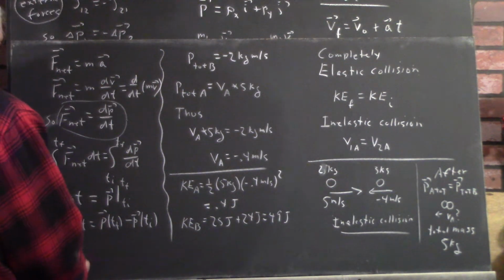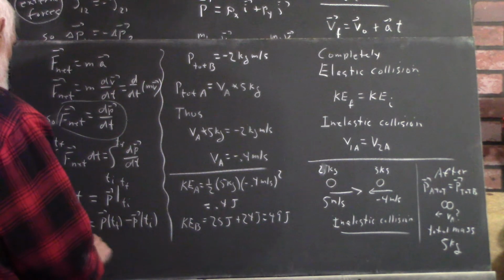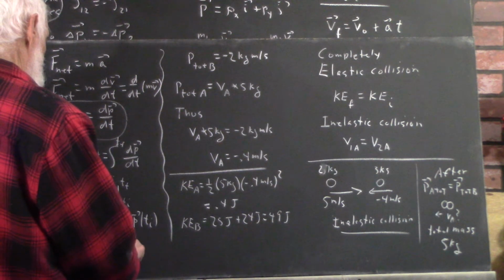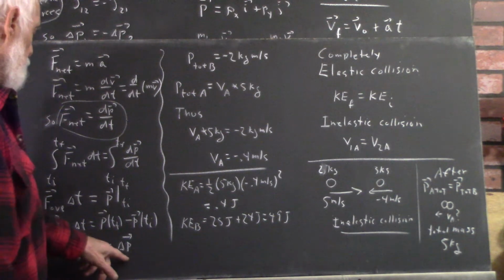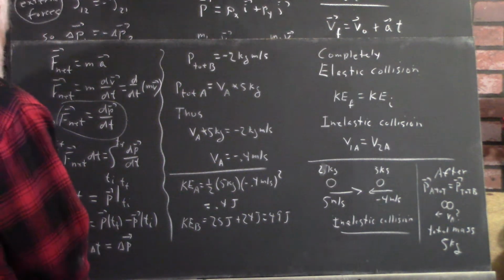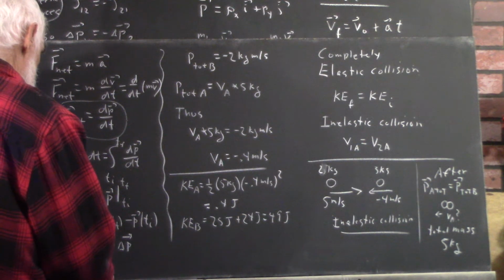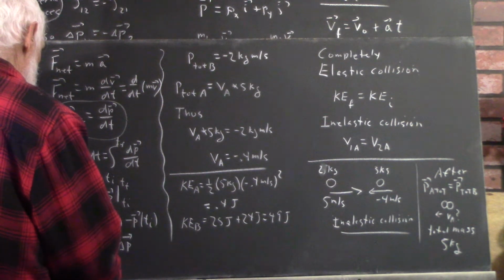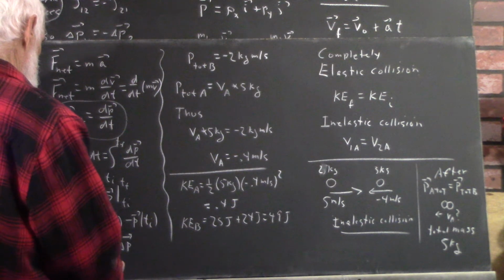So that your average force times your delta t on an interval is the change in momentum. In other words, I really want to use a delta there, but I'll stick with your book.